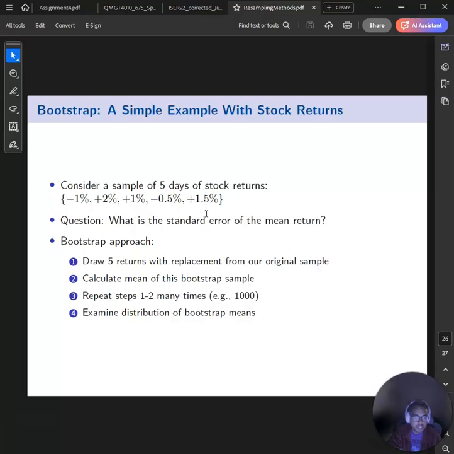The standard deviation of our bootstrap means gives us an estimate of the standard error. It tells us how much our sample mean might vary if we had collected a different sample of 5 days of returns. The beauty of the bootstrap is in its simplicity and flexibility. We need not make any assumptions about the distribution of the stock returns, which we know can be non-normal in practice.